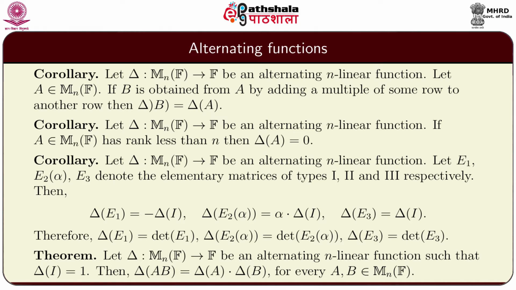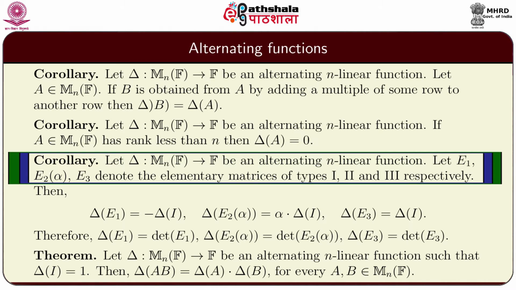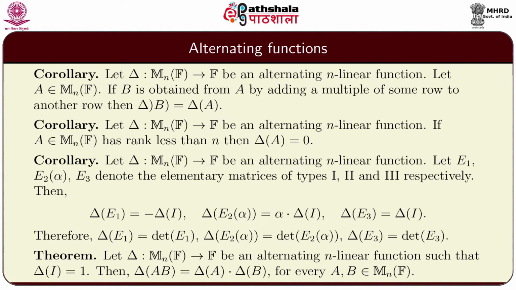The third corollary: let delta from M_n(F) to F be an alternating n-linear function. Let E1, E2(alpha) and E3 denote the elementary matrices of types 1, 2 and 3 respectively.